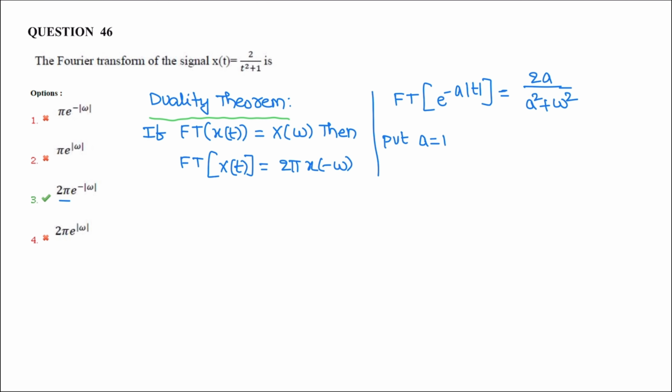The Fourier transform of e power minus a mod t is equal to 2a by a square plus omega square. Put a is equal to 1, then the Fourier transform of e power minus mod t is equal to 2 by 1 plus omega square.